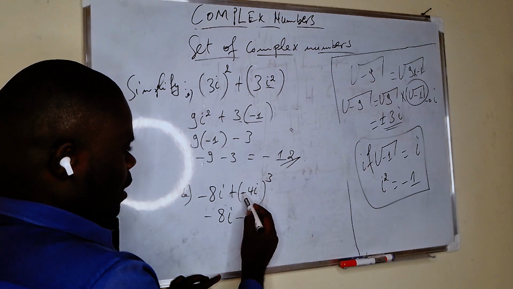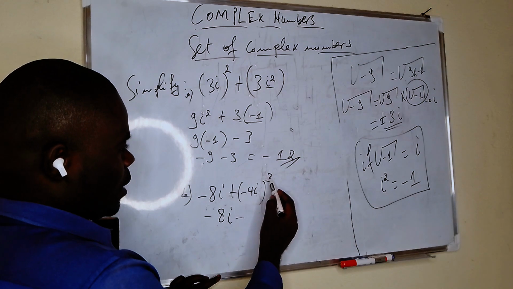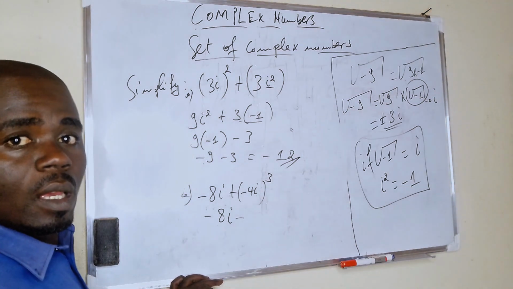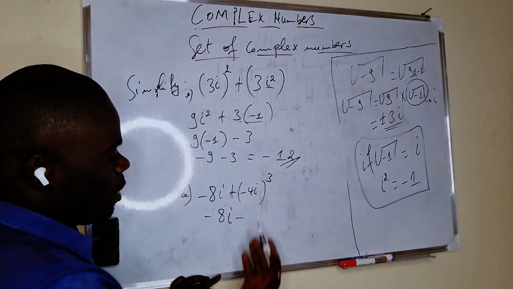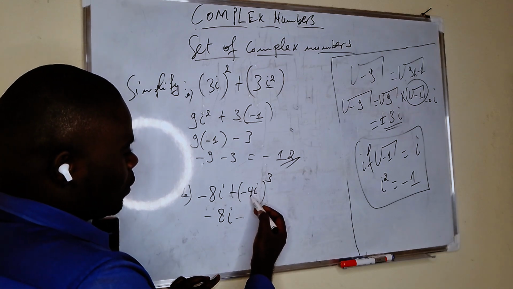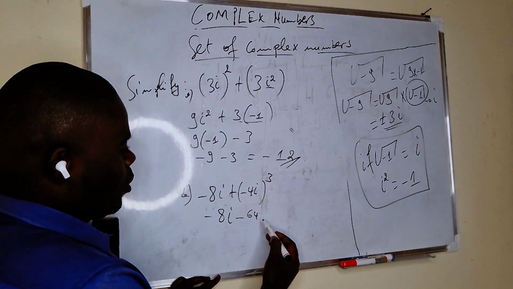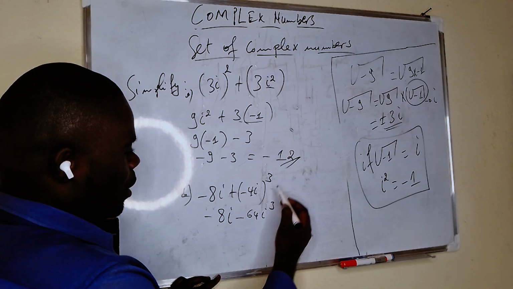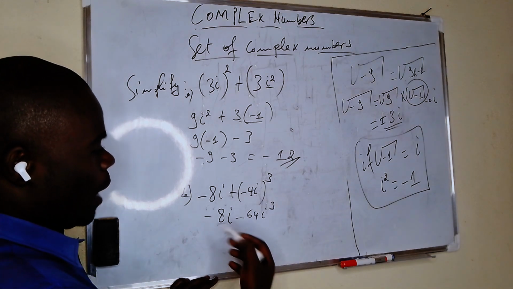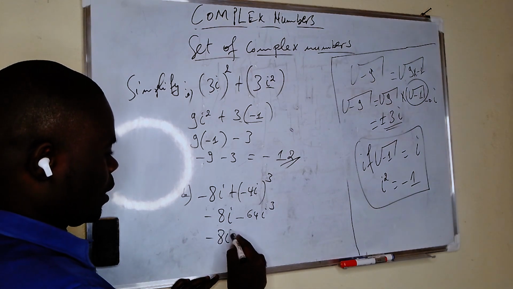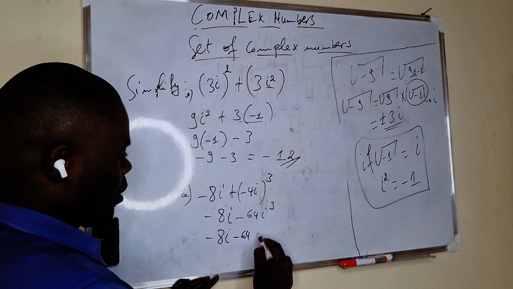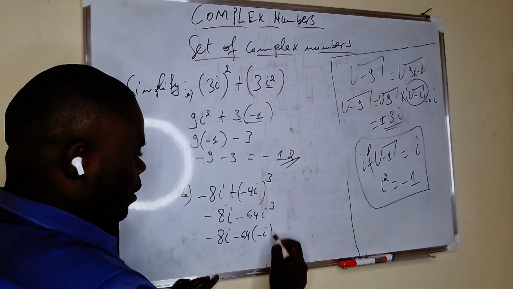A negative number, when it is powered of 3, or powered with any odd number, continues to be negative, then 4 power 3 is 64, then i power 3, and we are going to find i power 3, negative 64 times i power 3, which is negative i.